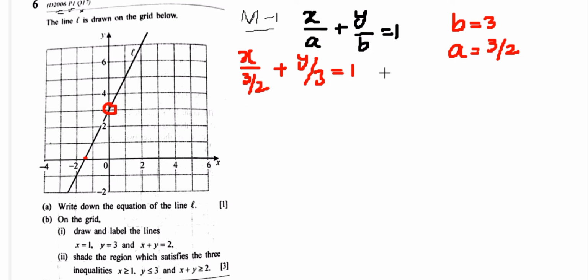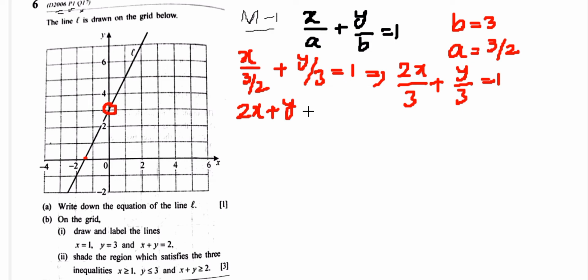The coefficient of x can be written as 2x by 3 plus y over 3 is equal to 1. Multiply on both sides by 3, we have 2x plus y is equal to 3. So this is the equation of line L by using method 1.